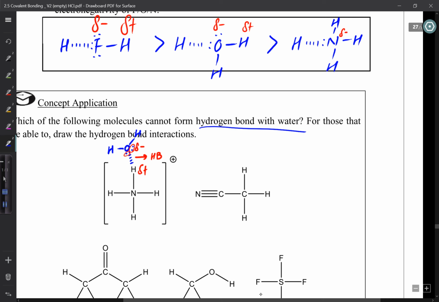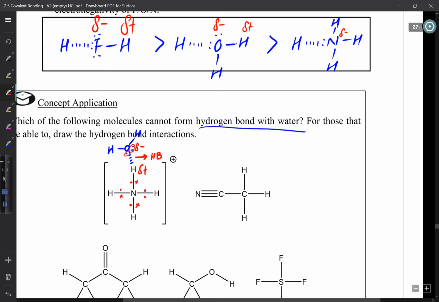If you draw another molecule of itself, does it have a lone pair on F or N? It doesn't. For the structure of ammonium, three of the bonds share one electron each, and for the last one, both electrons shared come from nitrogen. So it doesn't have any extra lone pair to interact.